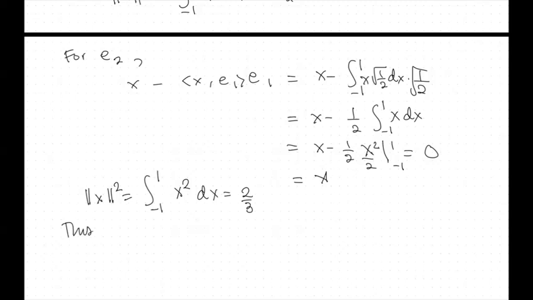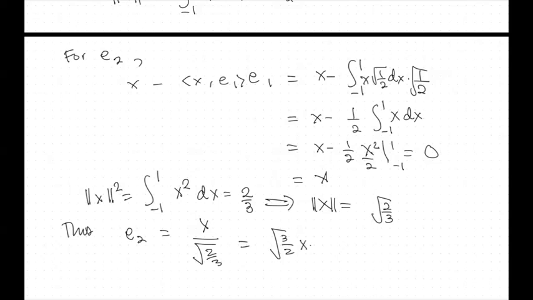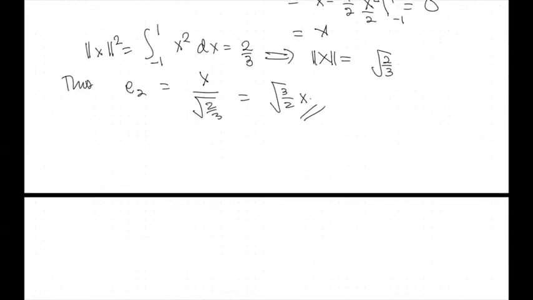Thus, your E sub 2 is just x over the norm. So this is x over square root of 2 over 3, or square root of 3 halves x. So we have E sub 2.